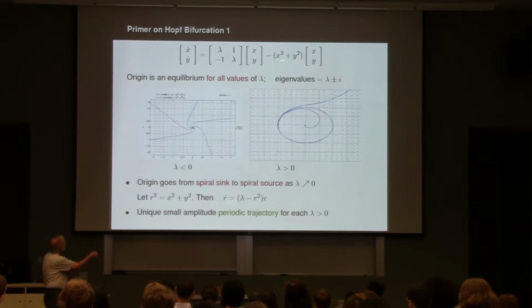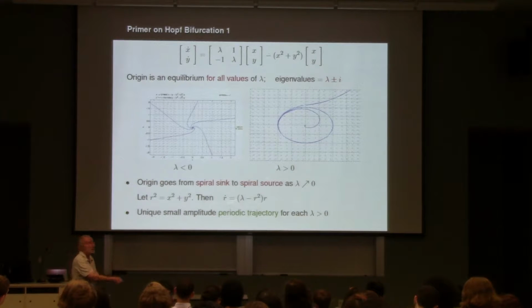They either go in linearly just along the rays, or they spiral a little bit, but put the two together, they're still coming into the origin. So this phase portrait makes perfect sense when lambda is negative. But when lambda is positive, you have a competition: near the origin you're spiraling out, away from the origin, you're spiraling in. The way this balances off is that there's a periodic solution. So that's a kind of numerical analysis proof of what's a Hopf bifurcation.